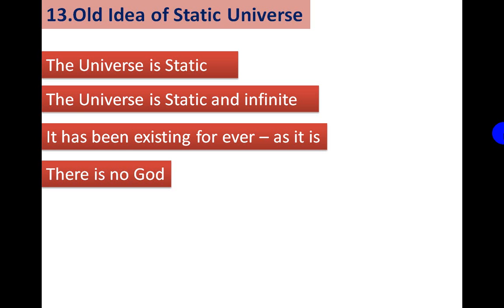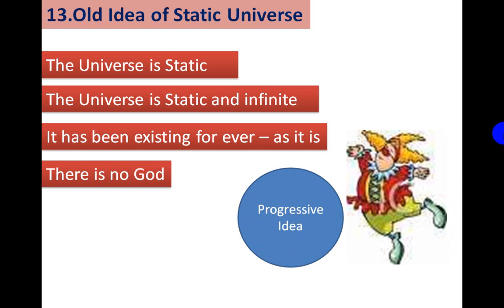That was the time when Marxism was spreading, and the no-God idea was a very progressive idea. Some people were not ready to accept that the universe was expanding only on the basis of Hubble's discovery. They argued that maybe for some unknown reason the wavelength of light coming from other galaxies was increasing.